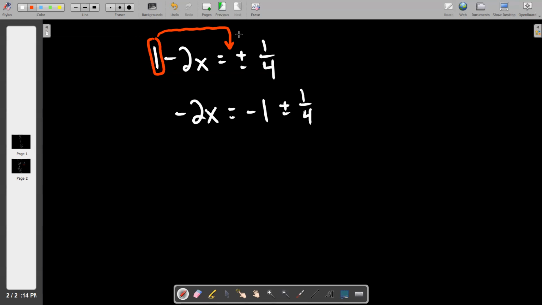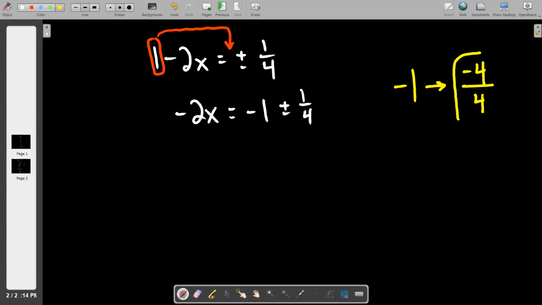Whatever whole number I have, I'm 100% sure I can write it as a fraction. So the number that I currently have is negative 1, but I want it to be a fraction with 4 as its bottom. So you times it by 4. And if the top is negative 1 and I multiply it by 4, what's negative 1 times 4?